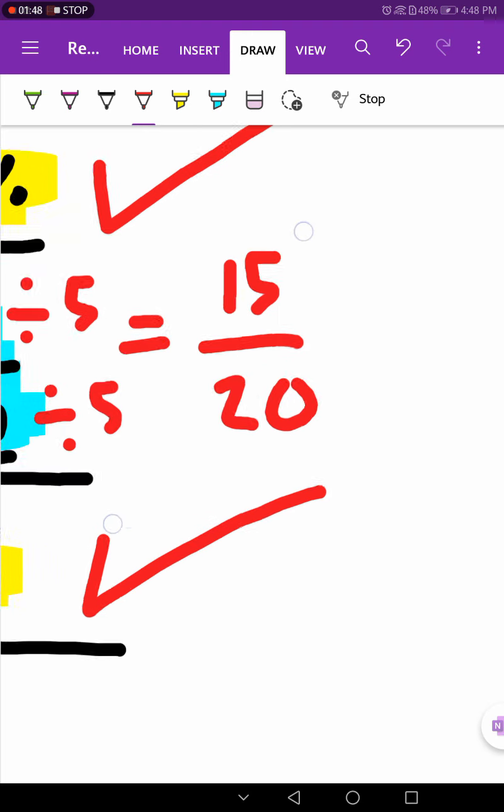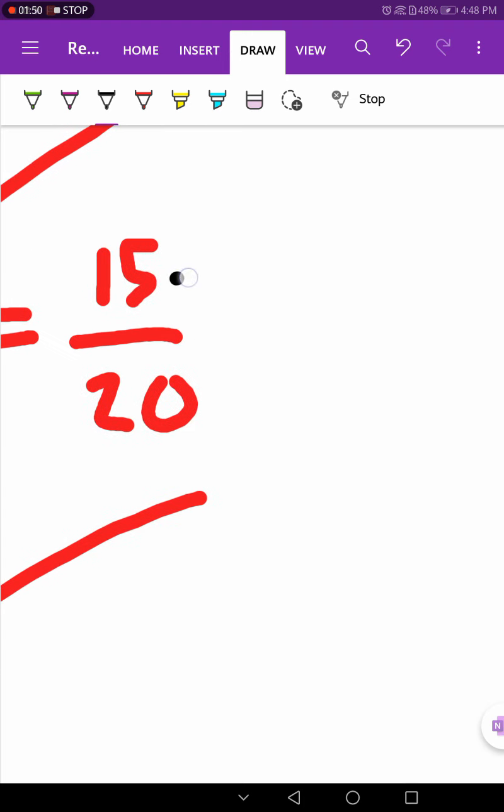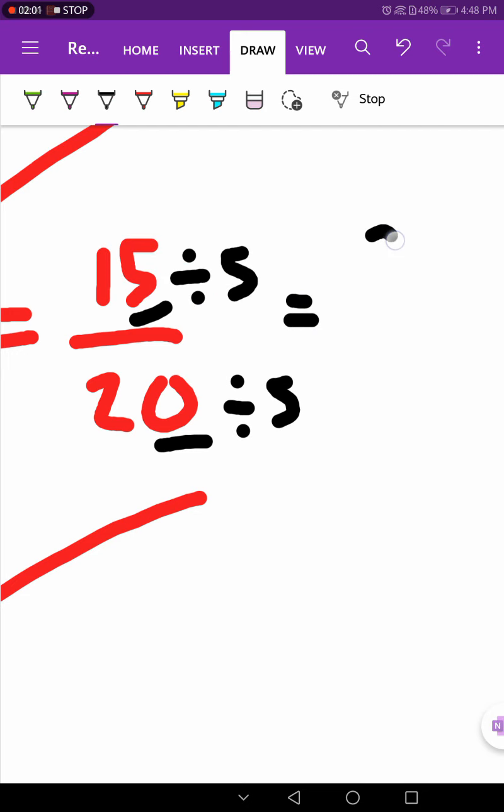Divide by 5 because this ends with 5 and this ends with 0. So up 15, I get 3 here, and here I will get 4.